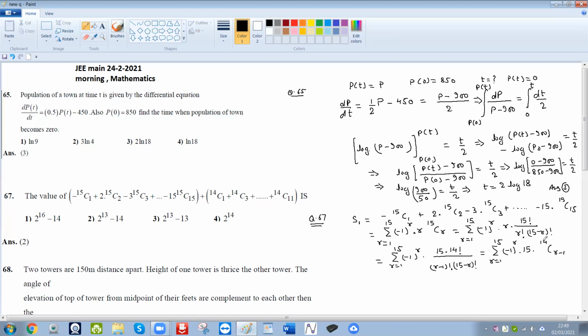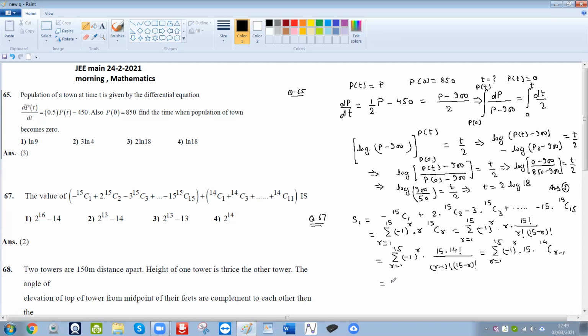Basically 14 C r minus 1 becomes 14 factorial upon, denominator remains r minus 1 factorial. 14 minus r minus 1 gives you 15 minus r factorial. So you can convince yourself that this expression 14 factorial upon this thing can be written as 14 C r minus 1.